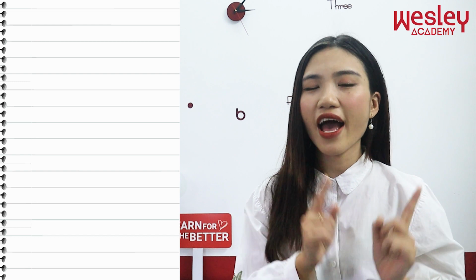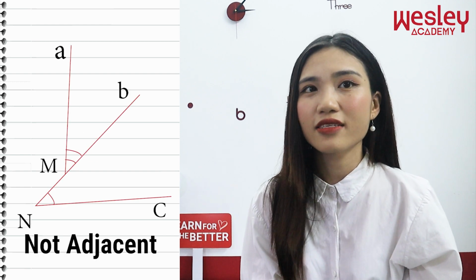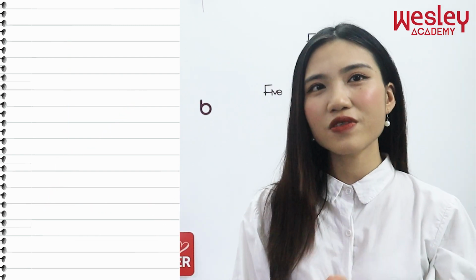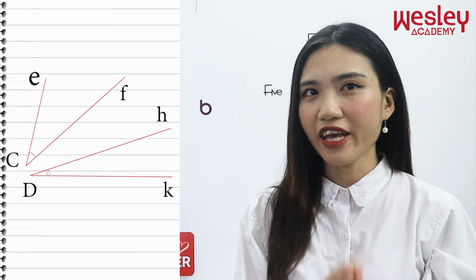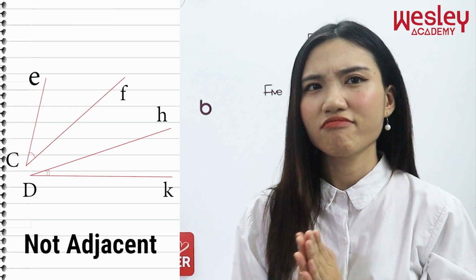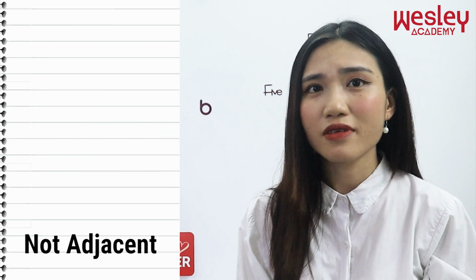The angles A and B and B and C are not adjacent since the vertices are not the same. The angles ECF and HDK are not adjacent because they share neither a vertex nor any arms.